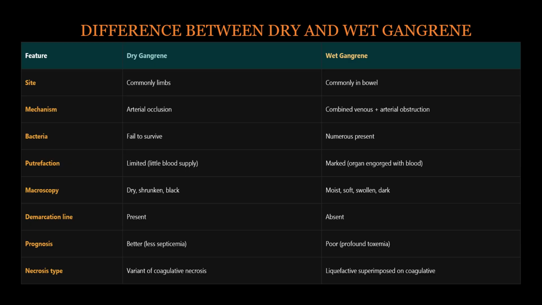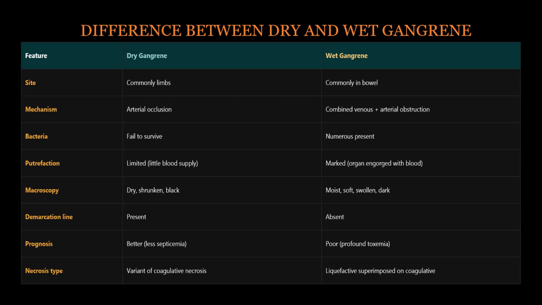In dry gangrene, we have limited putrefaction, whilst in wet gangrene the organ is engulfed with blood and there is a high amount of putrefaction. Macroscopically, it is dry, shrunken, and black, whilst in wet gangrene we have moist, soft, and swollen tissue. A line of demarcation is present in dry gangrene as we illustrated, whilst it is absent in wet gangrene.